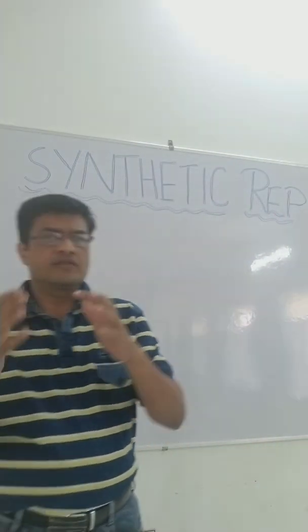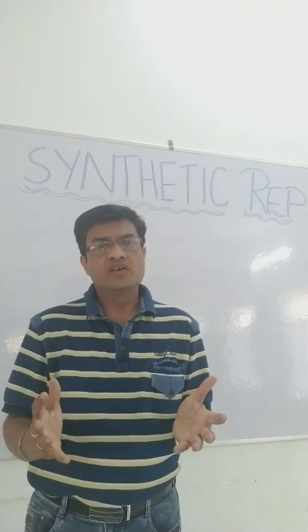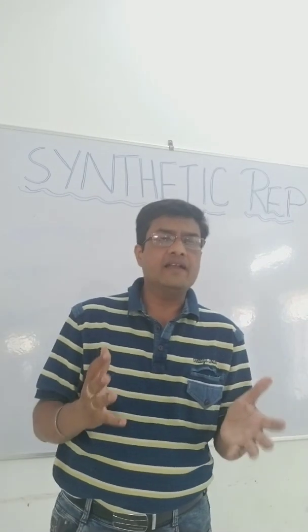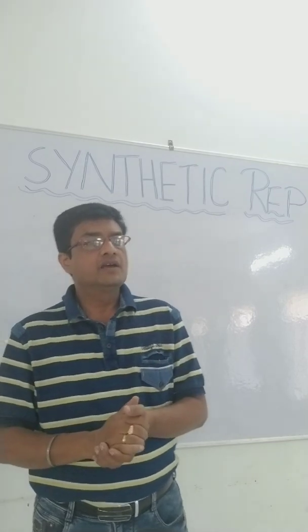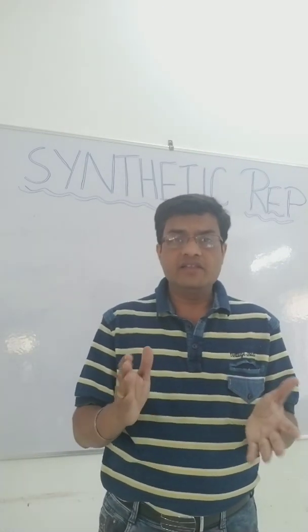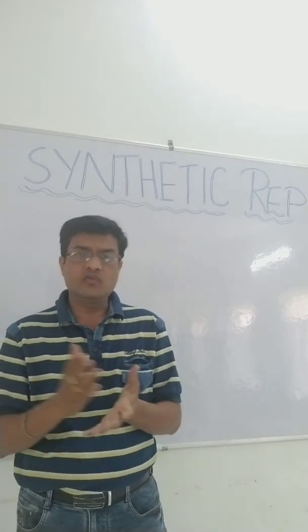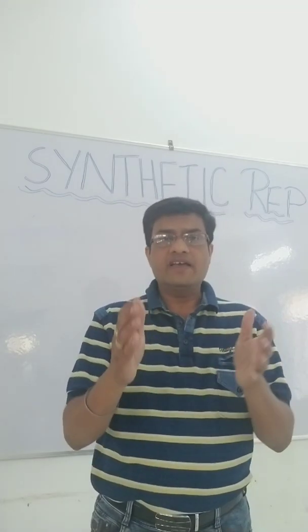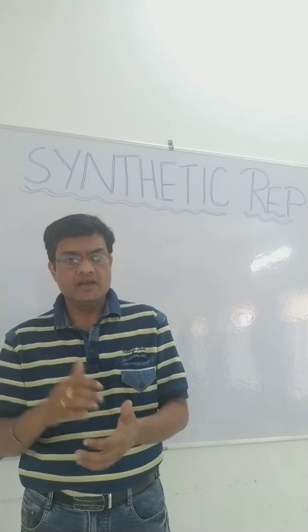If we summarize synthetic repertory, first we can say that it has 3 volumes. The first 2 volumes were written by Barthel and the third volume was written by Clunker. The first volume has 6 groups, the second volume also has 6 groups, and the third volume has 3 parts.